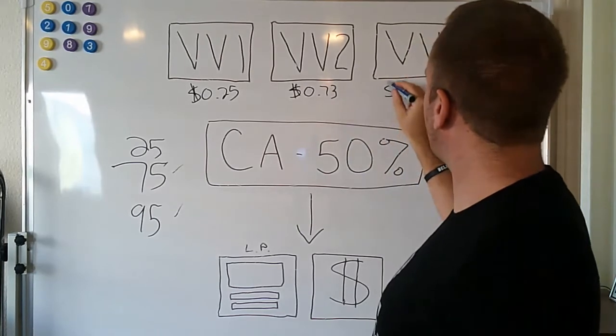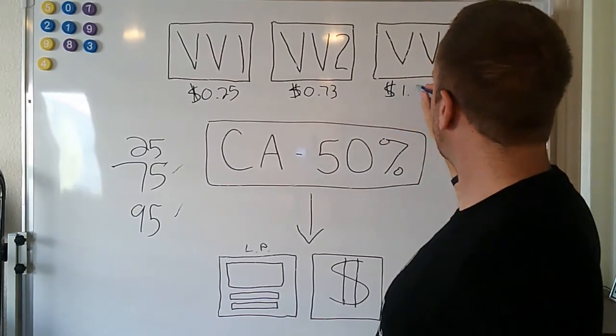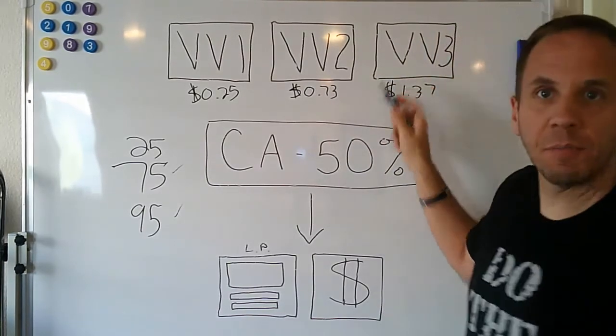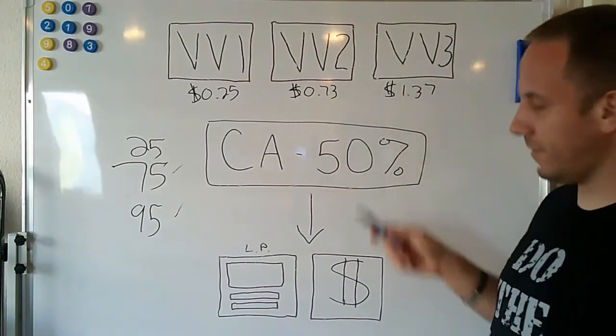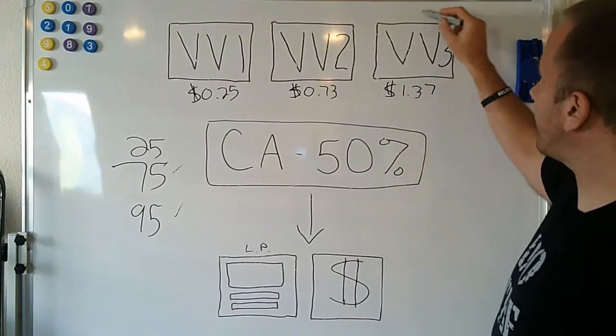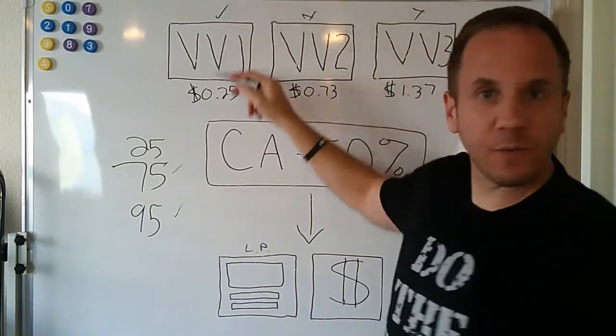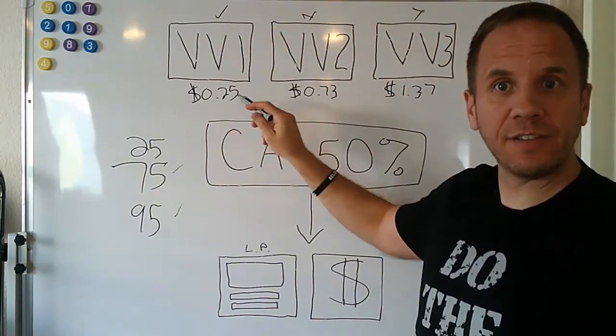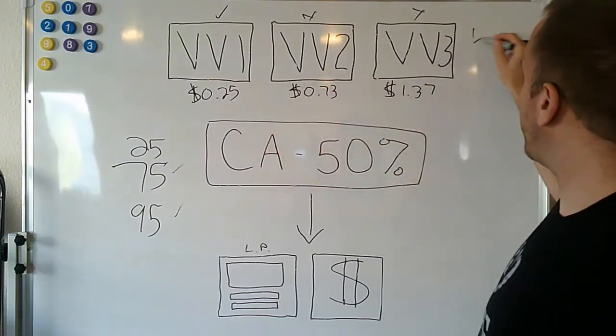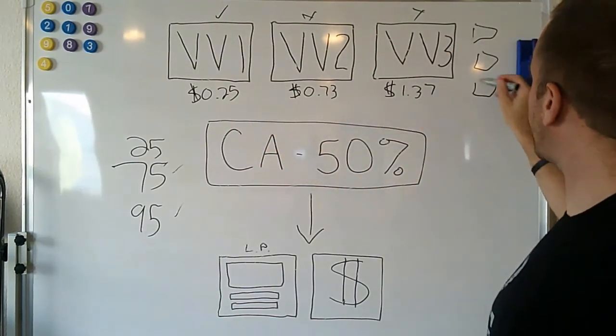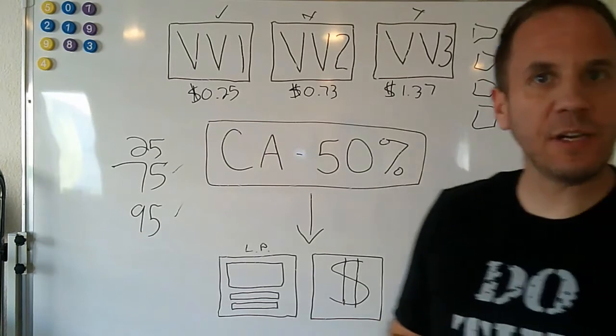And this video is really bad. It's costing you $1.37 per 50%. They watch 50% of the video. So what you're going to do is cancel this one, likely cancel this one, and continue running this one, possibly even increasing the budget. And then you create value video 4, 5, 6, 7, and you continue on and on.